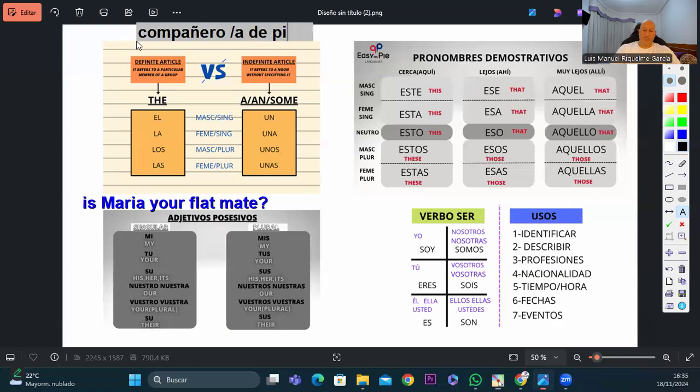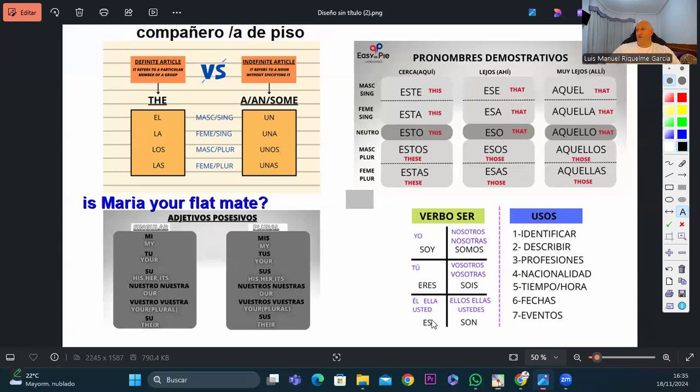Flat is piso. So compañero de piso, flatmate. If it were a workmate, compañero de trabajo. Classmate, compañero de clase. So in this case, flatmate, compañero de piso. That's a flat. Vale?